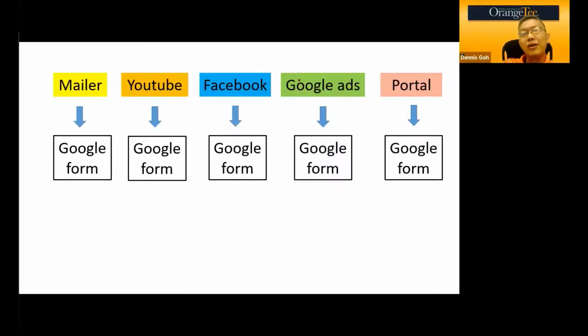So in order to do that, I will have to go back to all these Google forms to get the contact number, and send them either WhatsApp, or I will call them, or send an SMS.